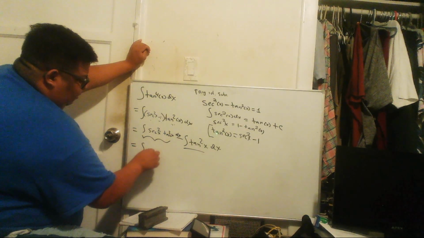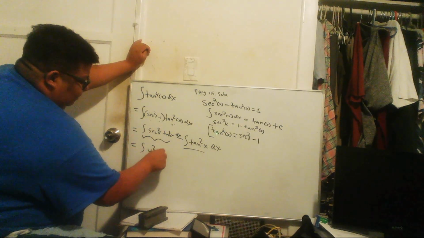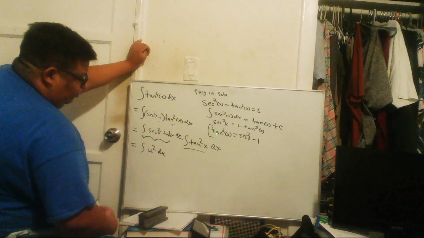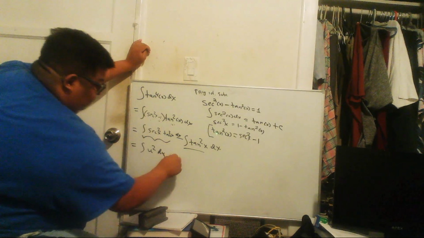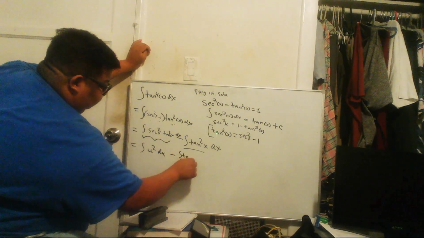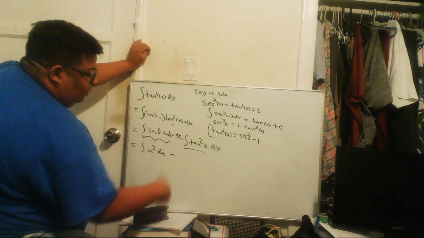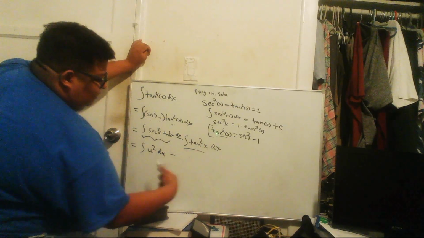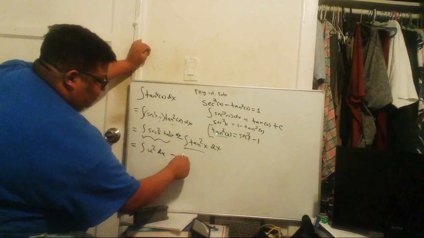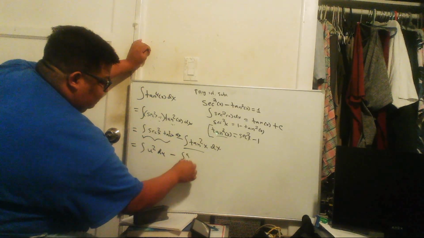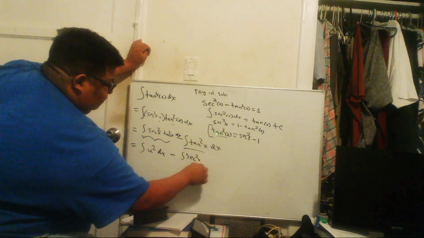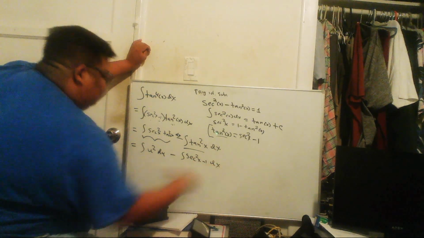It's going to become the integral of u square du, and then minus the integral. To save some time, we're going to convert this again to secants, so this becomes secant square x minus 1 dx.